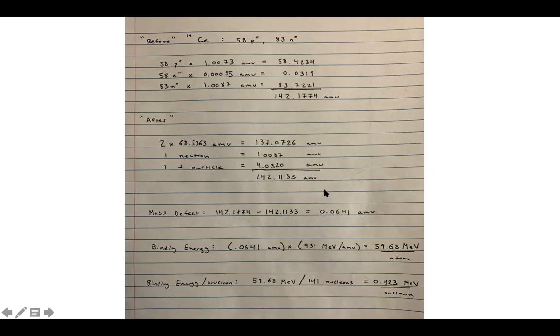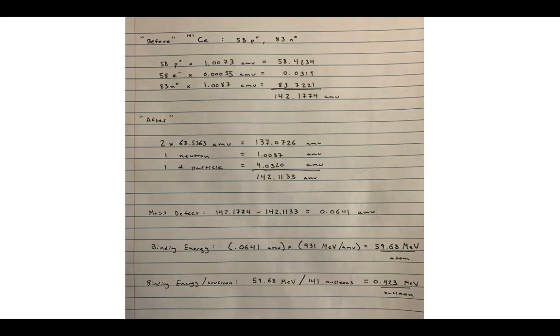Once we find the mass defect in terms of AMU, we can find the binding energy in terms of MeV. We're told that 1 atomic mass unit is 931 MeV. So we take that number and multiply it by the mass defect, 0.0641 AMU, and we would find that the binding energy is about 59.68 MeV per atom.